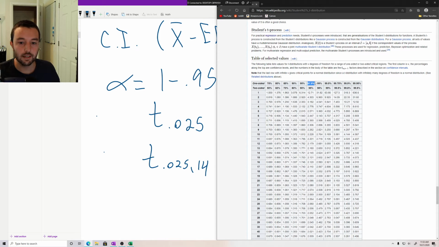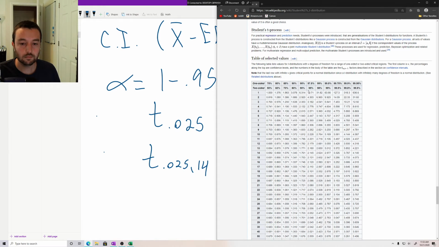So we're on this column for one-sided. Two-sided is, okay, what if you just have both of them? So you don't do alpha divided by 2, right? You just have alpha. So it would be 5% on the right side, 95% on the left side. So you can look for either one here. You don't necessarily even have to divide it by 2 if you're using this table. But either way, you can find it.